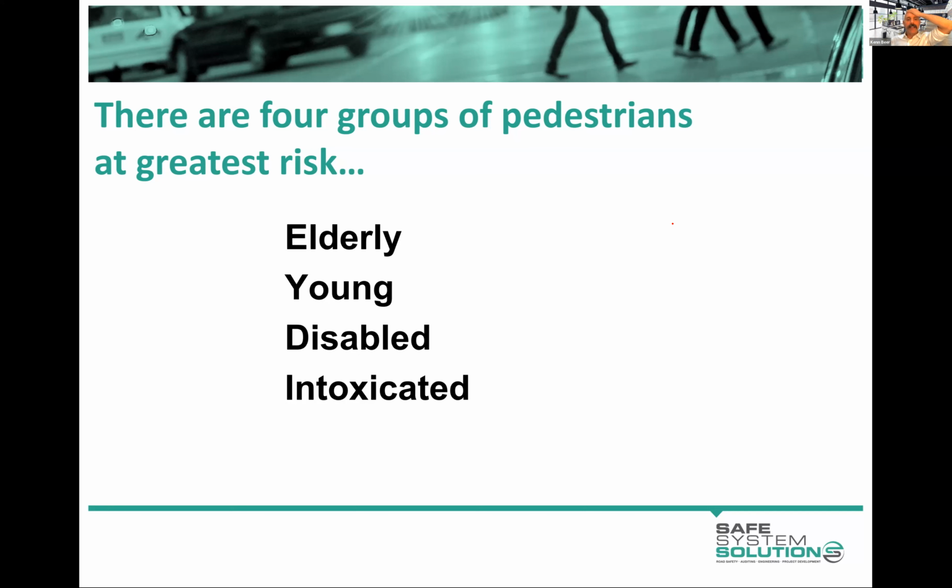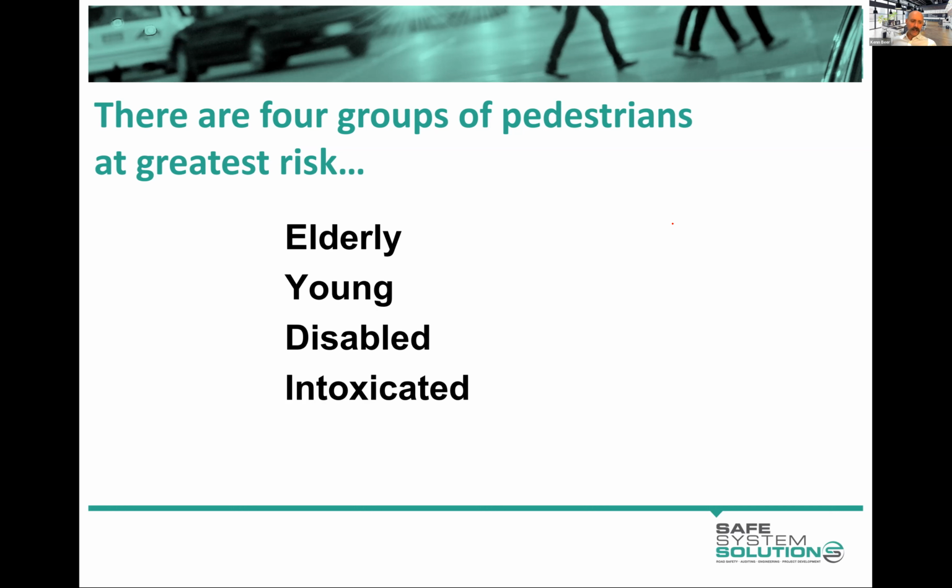Disabled people at an individual level are at higher risk because they sometimes can't cross at safe locations, or they're trapped on the road because they can't get up a curb, or their vision is impaired, or hearing is maybe impaired, and these sorts of things. And intoxicated is far and away the greatest number of pedestrian trauma, the biggest group by a long shot in terms of the data.